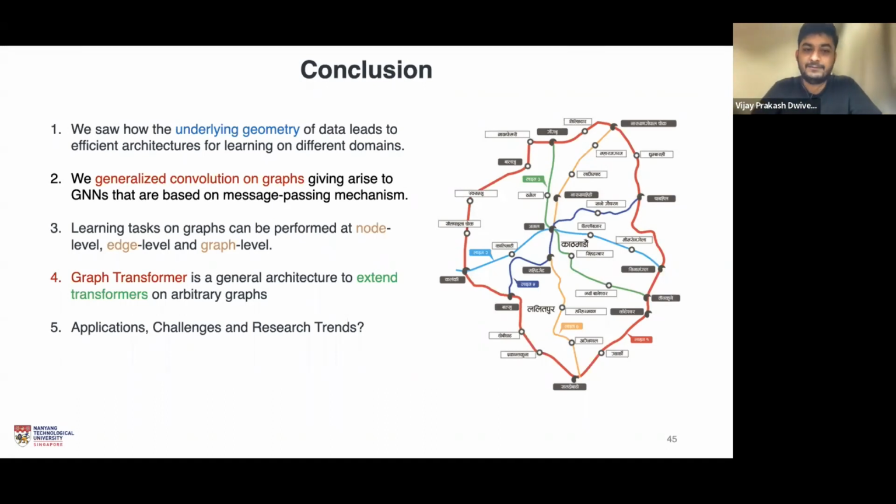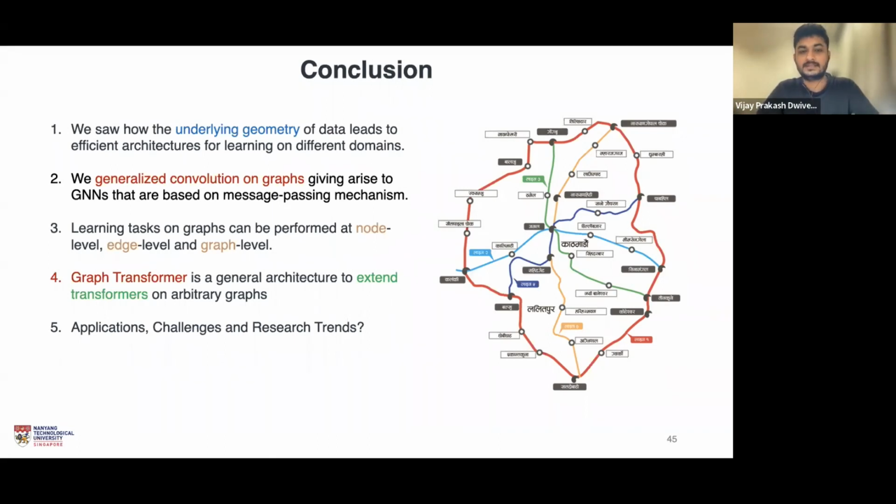Second, we saw how convolution can be generalized from images to graphs, and it gives rise to this message passing mechanism. Then we saw what the different level tasks are that can be predicted on graphs: node level, edge level, and graph level.